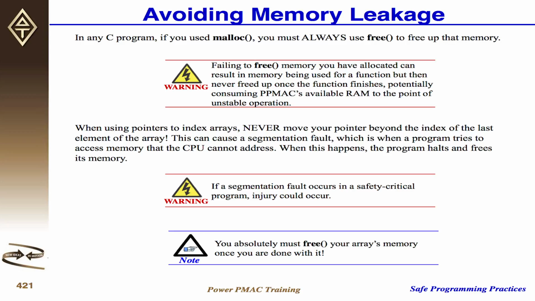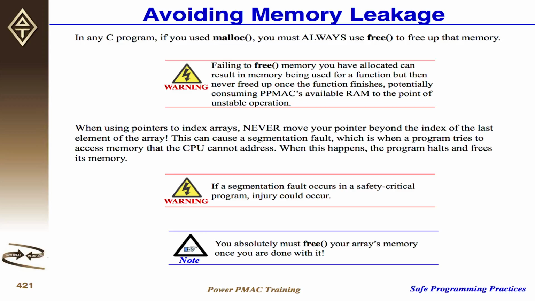Something to note is that malloc is one of those thread unsafe functions, so you should never use it in a thread scheduled task, including any of the C programs I just described, other than the background C program. So in user phase, user servo, you should never use this function. And actually, there's a whole bunch of functions like that. You can just Google thread unsafe functions, Linux, and Google will show you all kinds of stuff.